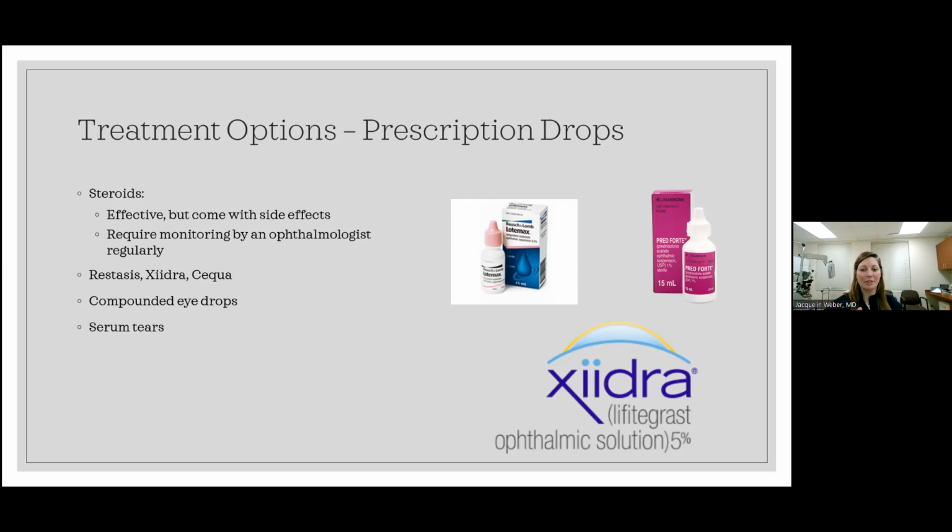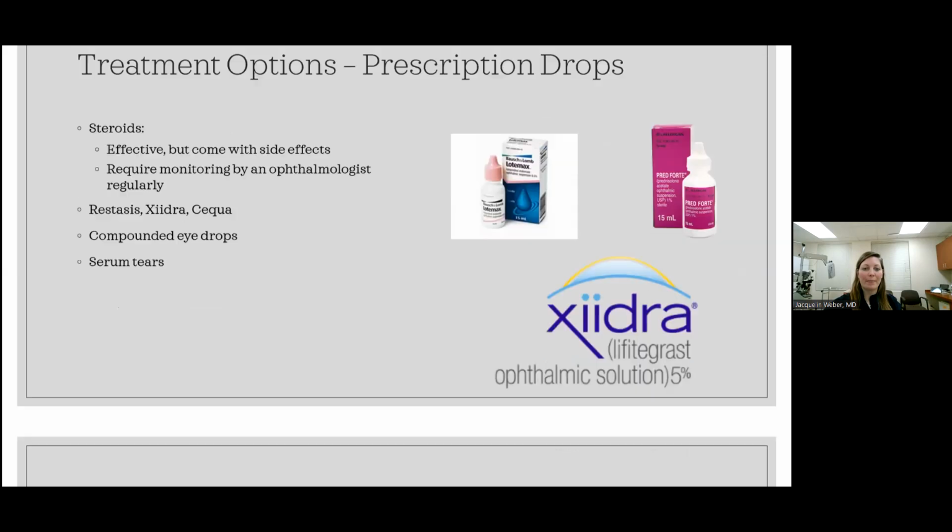So all of these options are usually for when the dryness is a little bit more advanced or just hasn't responded to the other treatments that are targeted at the lubrication and the oil glands and so forth.